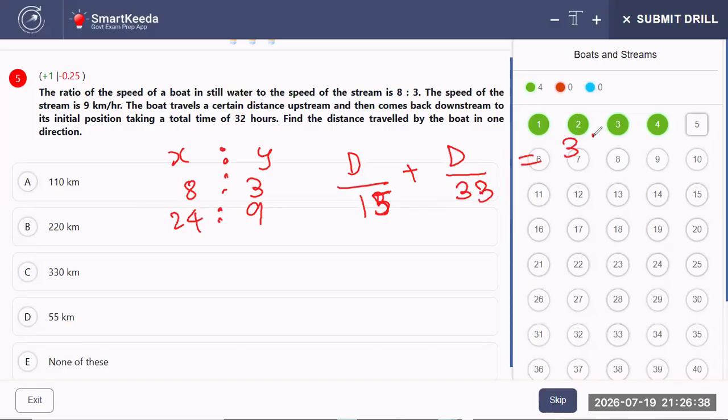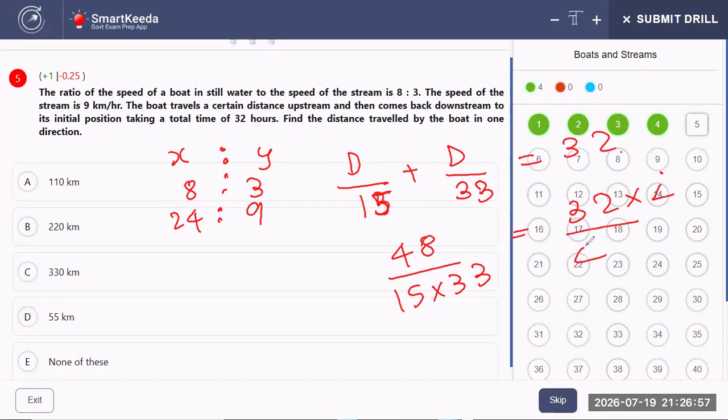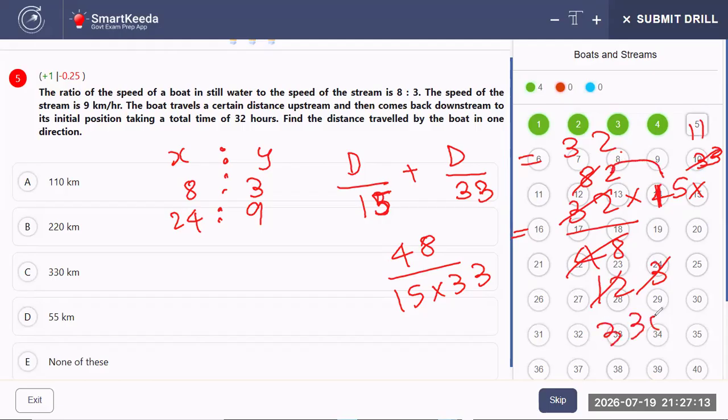Find the distance traveled by the boat. Upstream is equal to 15, downstream 33, total is equal to 32 hours. So 48 upon 15 into 33 is equal to 32 into 48 upon 15 into 33. So 30 kilometers is the correct answer.